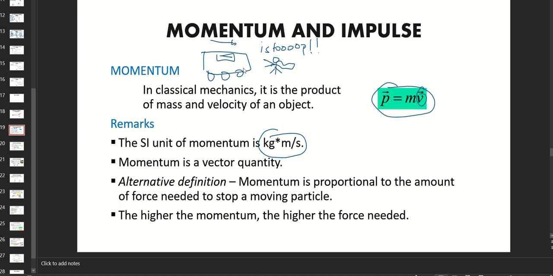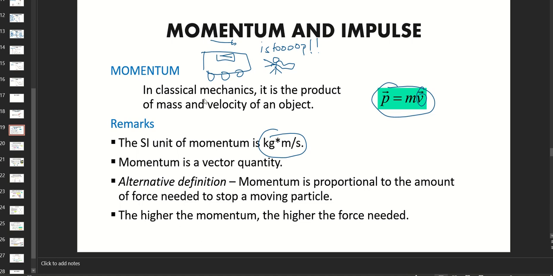Tapos sasalubungin mo, tapos ipapastop mo yung bus. Nasa tamang lugar kayo kung gusto nyo malaman kung anong susunod na pangyayari. Tuturo ko sa inyo yun. So, the higher the momentum, the higher the force is needed.